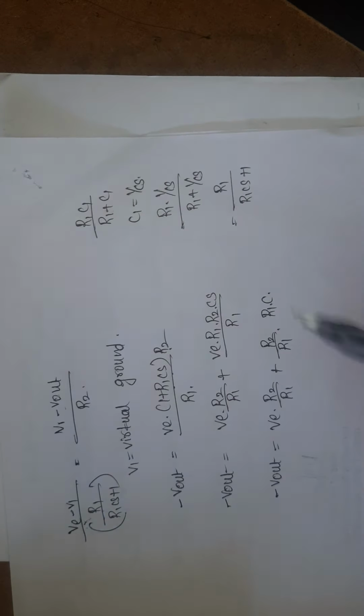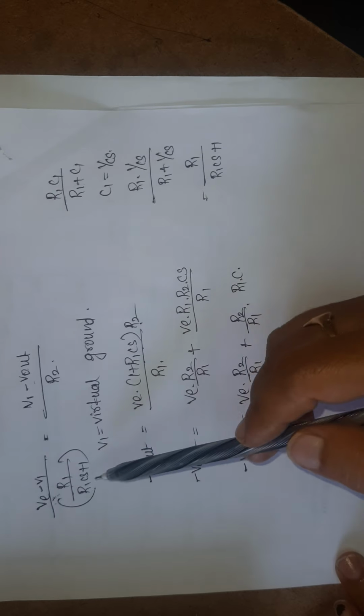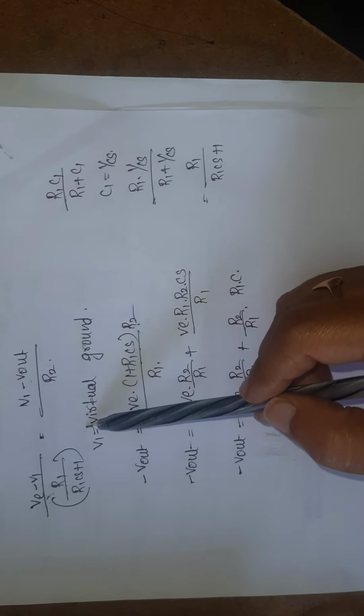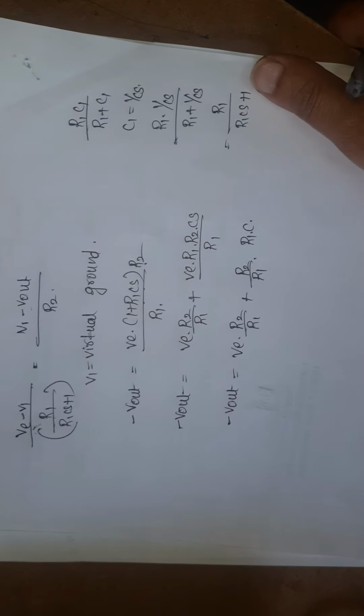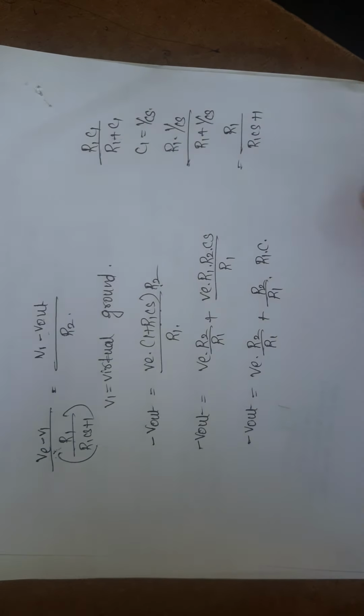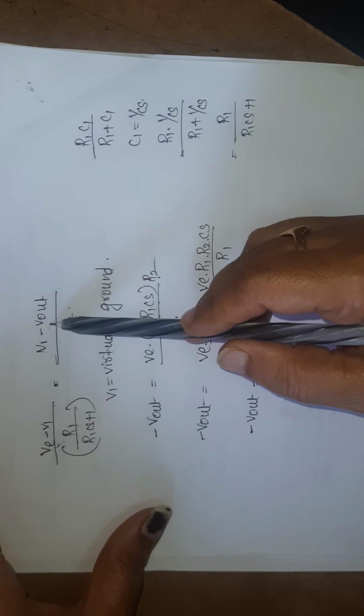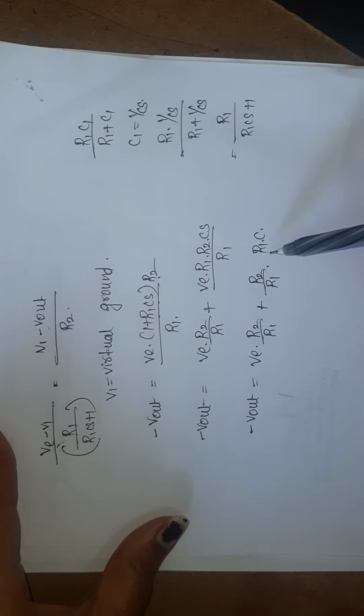VE minus V1 by the parallel combination of R1 C1, and V1 minus V out by R2. So like this I will get, okay, and V1 is actually equal to 0 because it is a virtual ground. After substituting V1 equal to 0 and writing down the expression for V out, I'll get like this.